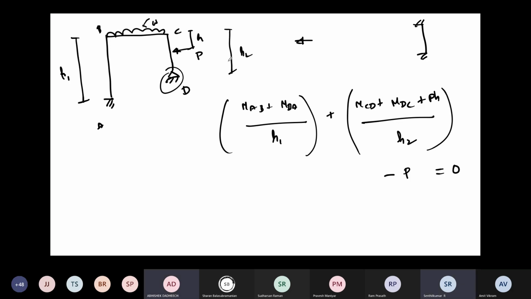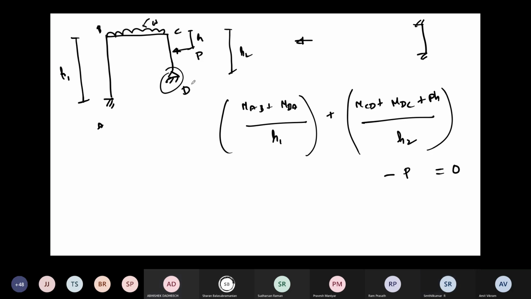Yes, sir. So what is moment about D? The pin support, right? P into H2 minus H, sir. Which one? Moment about D, sir. Moment will be there only when you are allowing the rotation.